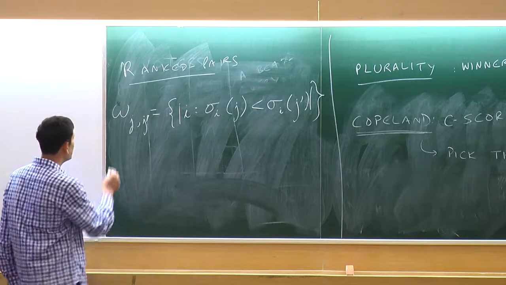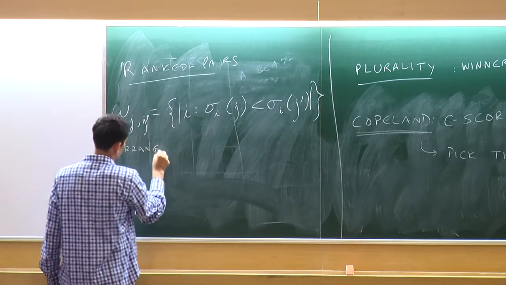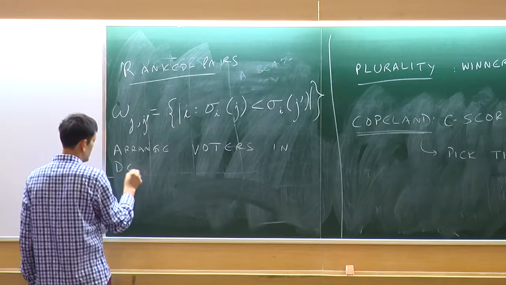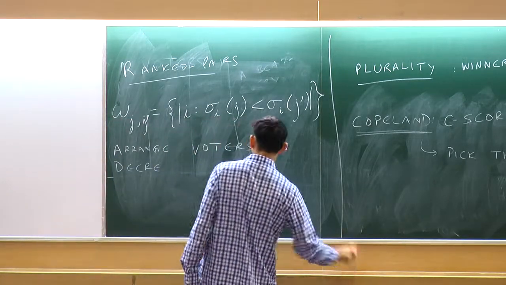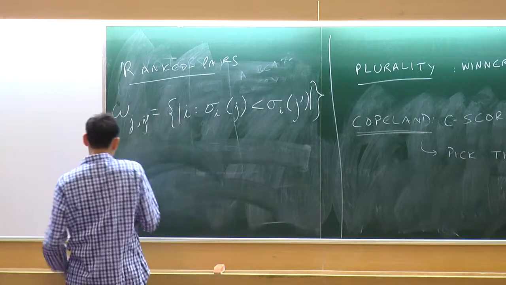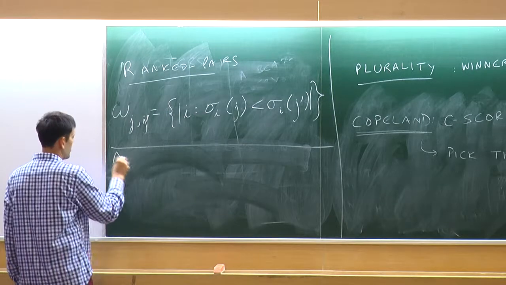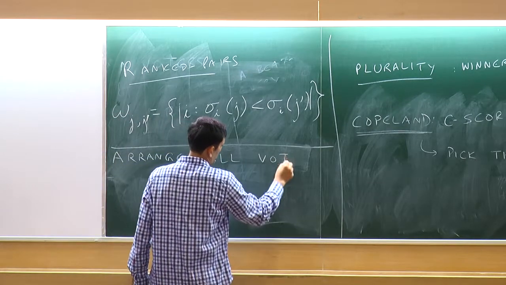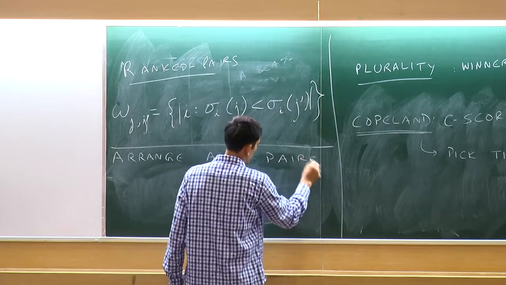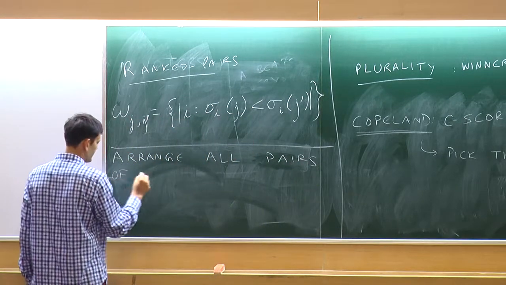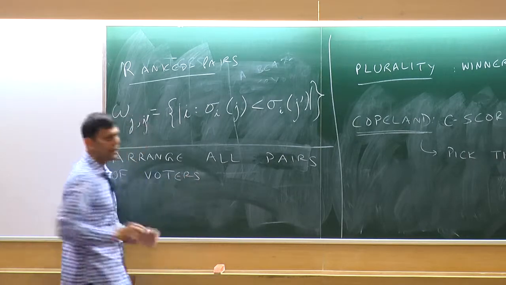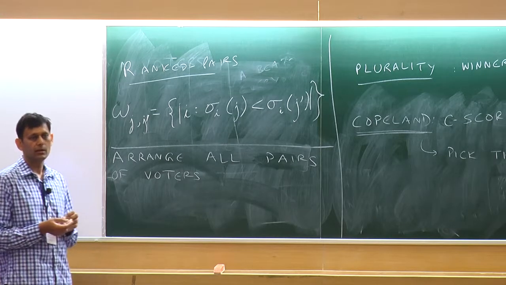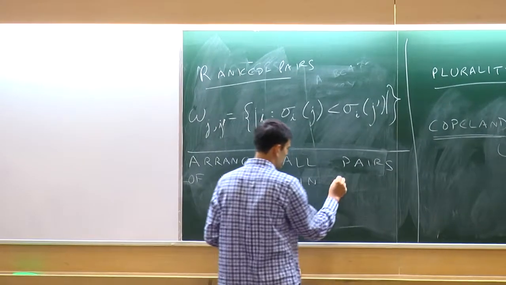And so rank pairs says that you arrange all pairs of candidates in decreasing order of W of j comma j prime. When I say pair, I mean ordered pairs, so A comma B and B comma A are different pairs.